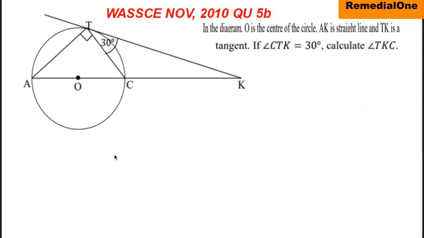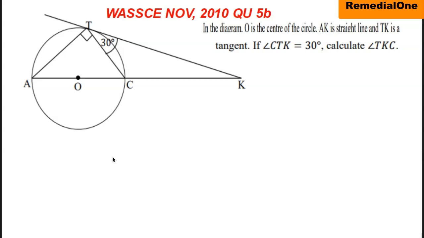So let's start. When we talk of circle theorems, they are statements about circles that have been proved to be true. With this type of question, you are not supposed to prove the statement. You are just supposed to make use of the statement to solve the problem.